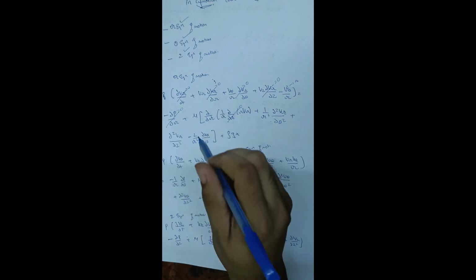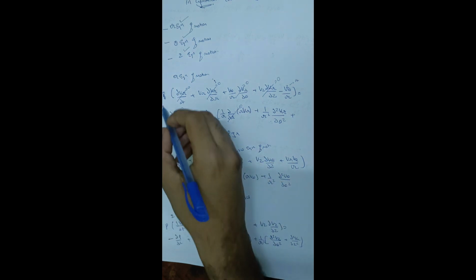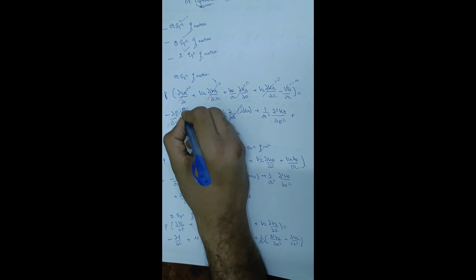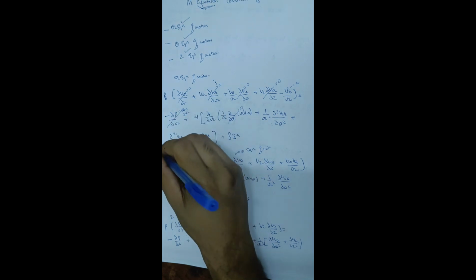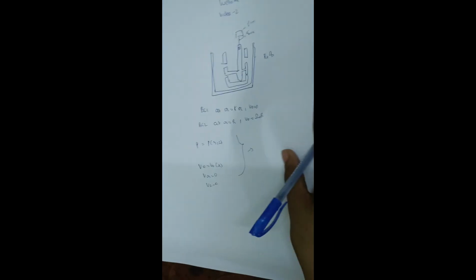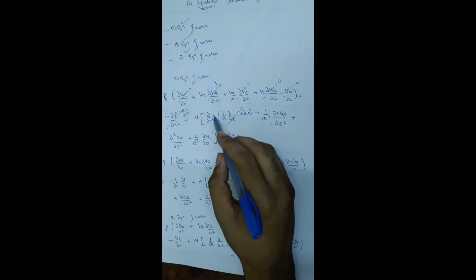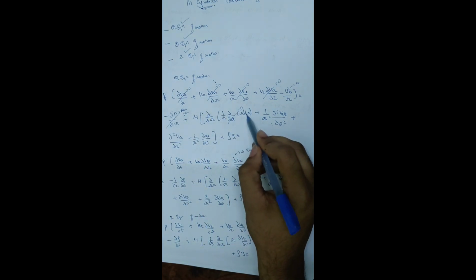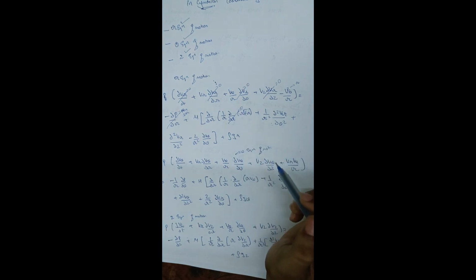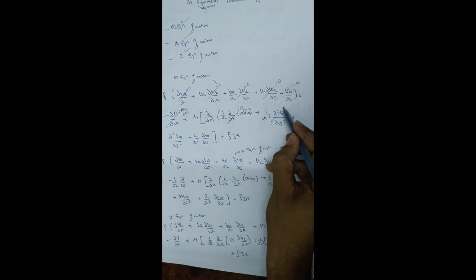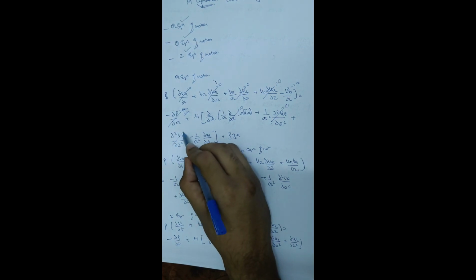Next, move on to this term. This term is non-zero because pressure is a function of r and z, so dou p by dou r is not 0. Moving over here, Vr is 0, so this term is 0. This term is also 0 because Vr is 0.